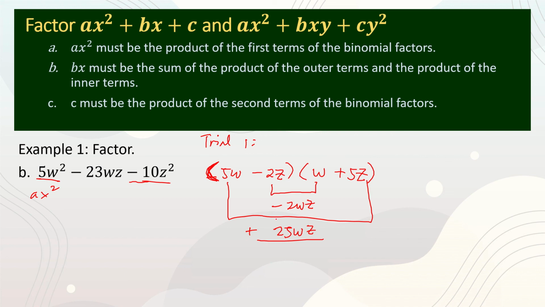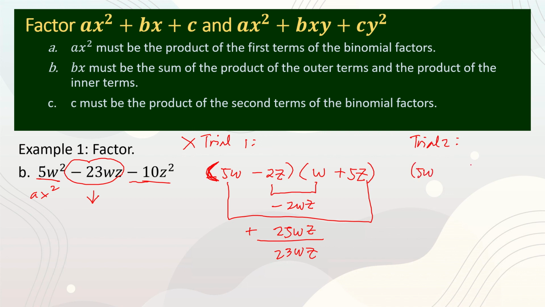So negative 2wz plus 25wz, it's 23wz. Okay, so the question now is, negative 23wz yung middle term natin. So yung issue lang nito, sign lang naman. So ibig sabihin nito, may nabaliktad ka lang. Okay? So your trial 1 is wrong, but you're almost there.